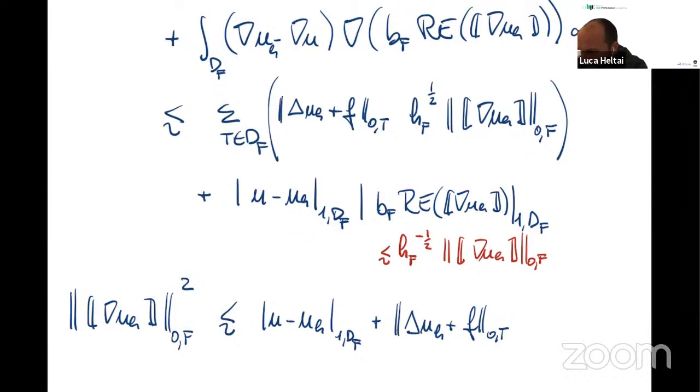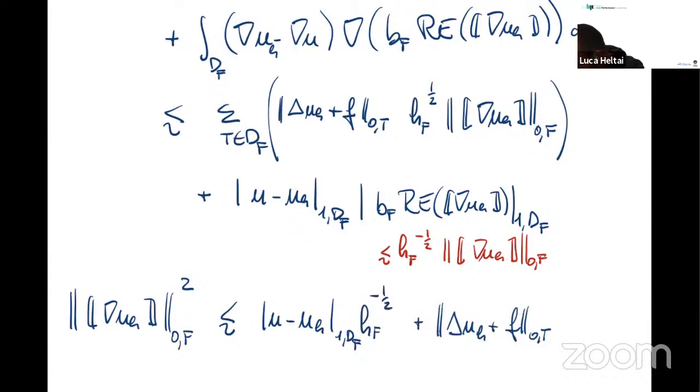One of the two is multiplied by a power minus 1/2, which is this one over here, so this is multiplied by hf to the power minus 1/2, and this is multiplied by hf to the power 1/2.